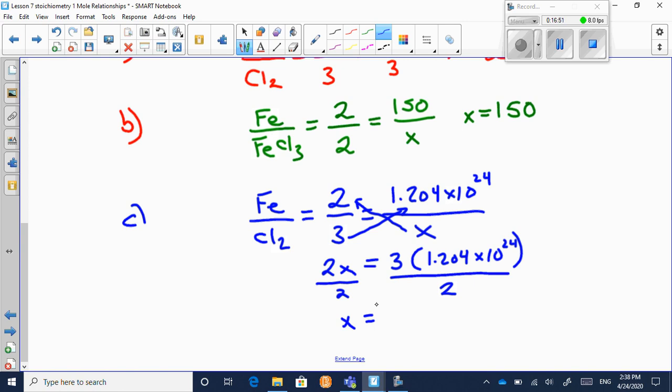Okay, so my final answer here is 1.806 times 10 to the 24. So that's how many molecules of Cl2 would be required. And it makes sense. It's going to be greater than the 1.2 because I know that 3 is greater than 2. So I'm feeling good about that number.